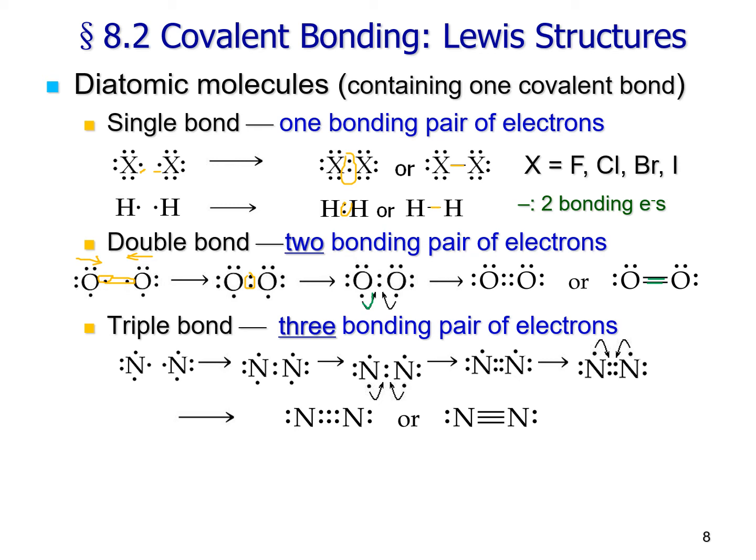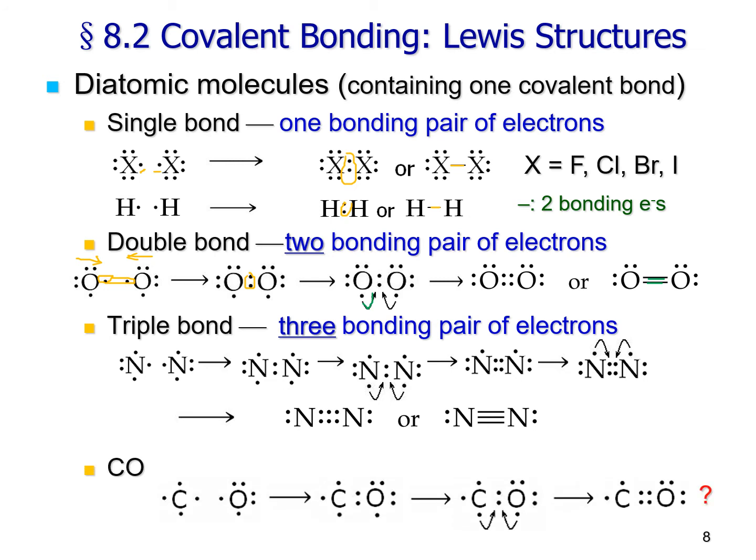This approach works quite well, but not perfectly, because in carbon monoxide, there's going to be a problem. We understand carbon has 4 unpaired dots, oxygen has only 2. As they approach each other, that's a single bond, not going to be enough because neither atom reaches an octet.